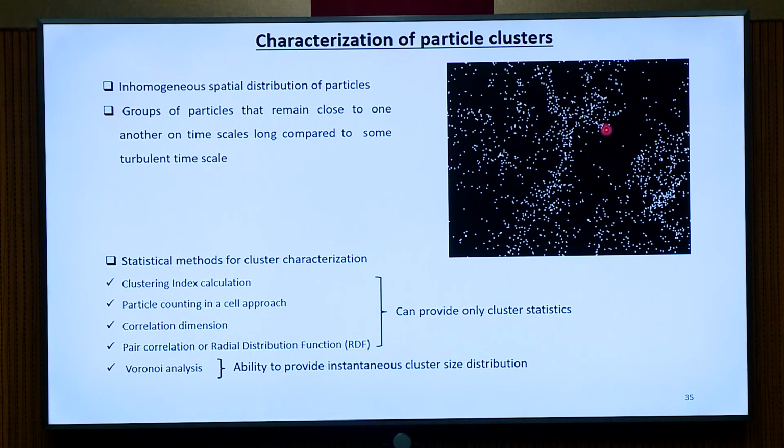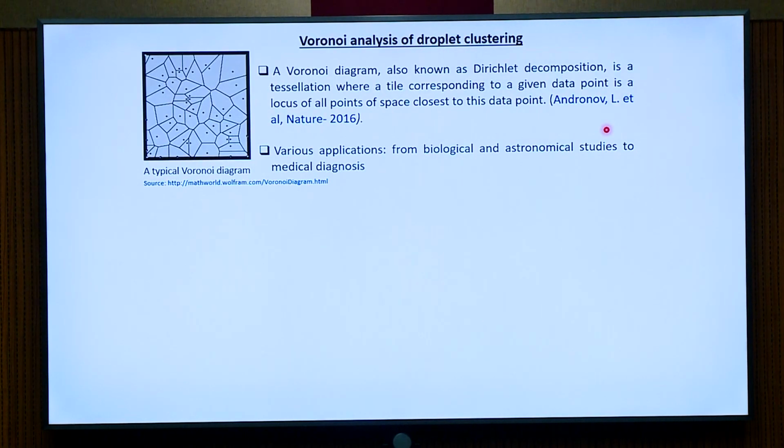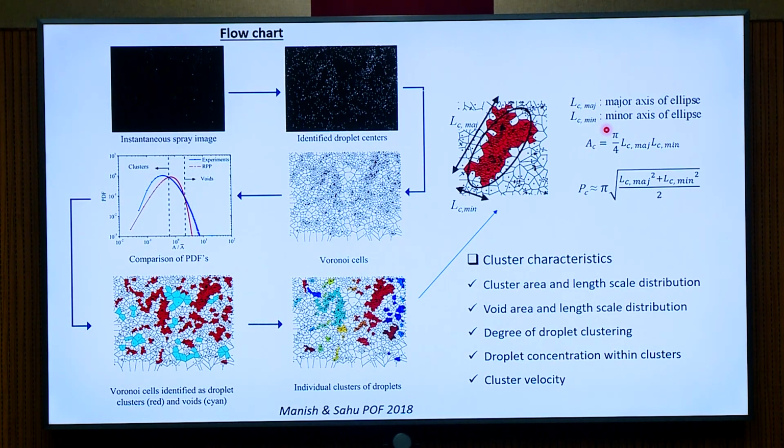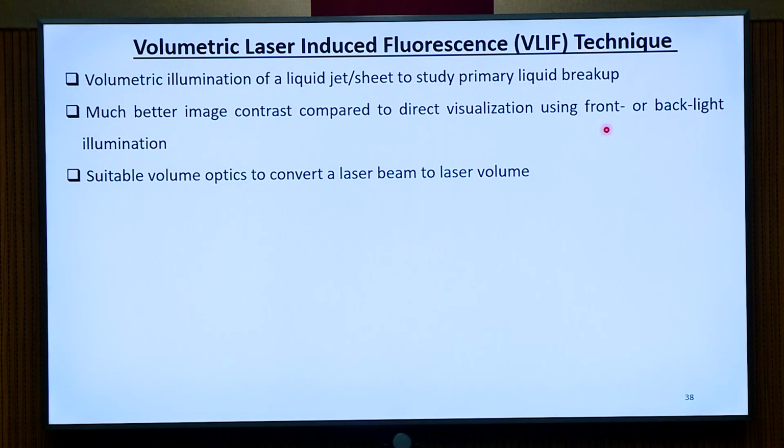Anyway, we can use the PIV images to characterize clusters using various statistical methods, for example, Voronoi analysis as shown here. And finally, till now I have been talking about planar techniques, but volumetric techniques also exist.